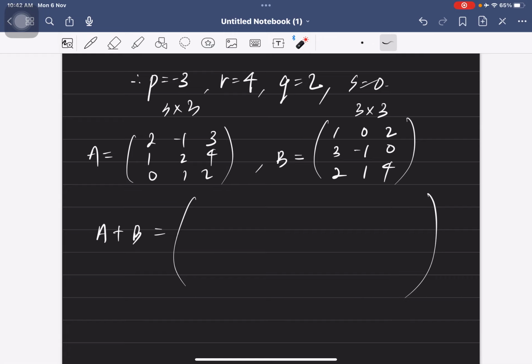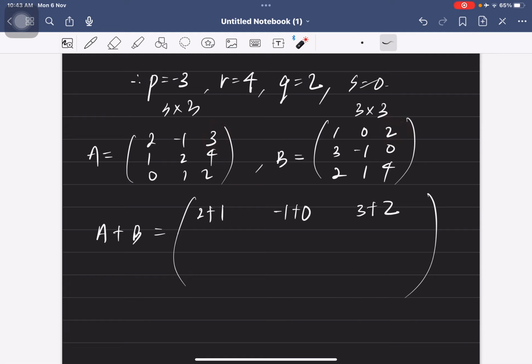So A plus B means the first row of A adds up with the first row of B. That means 2 plus 1 on the first row. Second row, negative 1 plus 0. And the third one, 3 plus 2. And then so on.